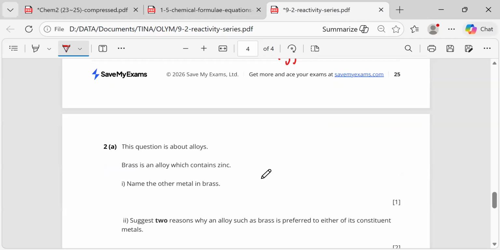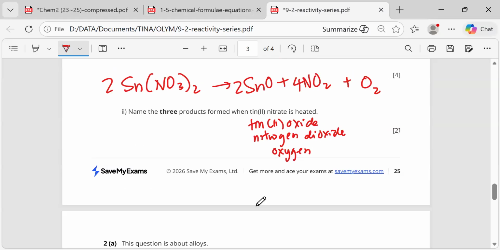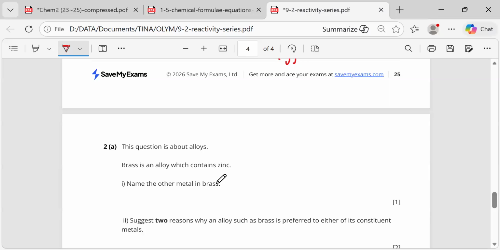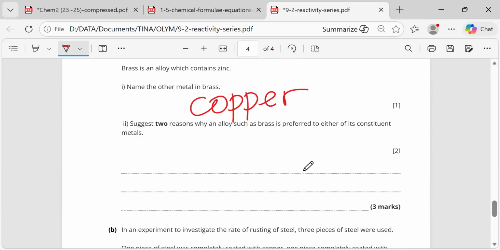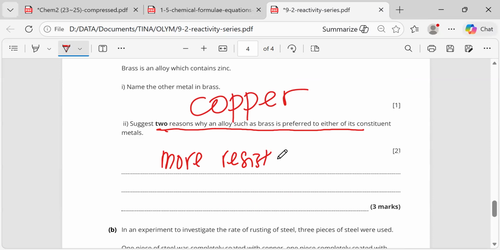Okay, ready? All right. Brass is an alloy of copper. I told you just now. Two reasons why an alloy such as brass is preferred to either of the metals, that means why a mixture is better. It's more resistant to corrosion. Can I say no corrosion? No, more resistant. It's harder.